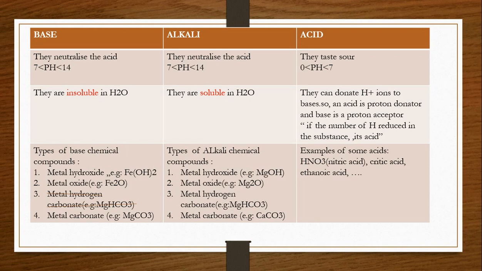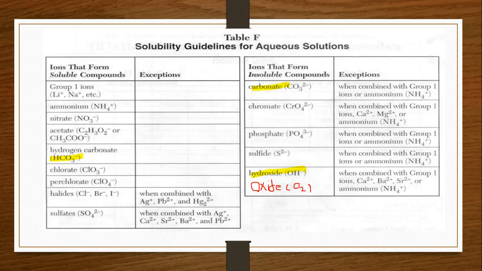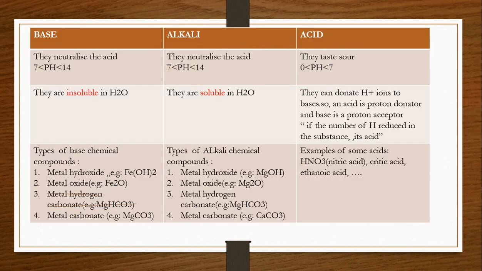I need to make a point here that to identify the solubility of a compound, you have to refer to the table of solubility guidelines again, as you've seen in the previous video for ionic equations. This table is pretty important because we use it quite a lot.